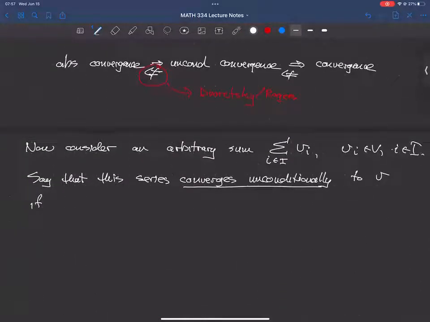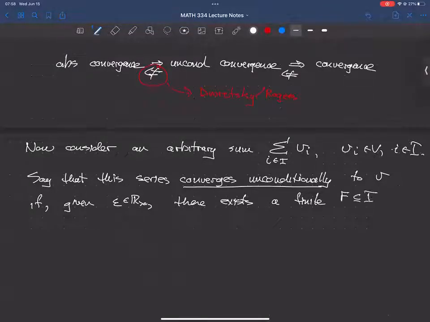Okay, good. So this series converges unconditionally to V if, given an epsilon positive, there exists a finite subset F such that the difference between the finite sum over the vectors in F and the vector V that you're talking about is less than epsilon.